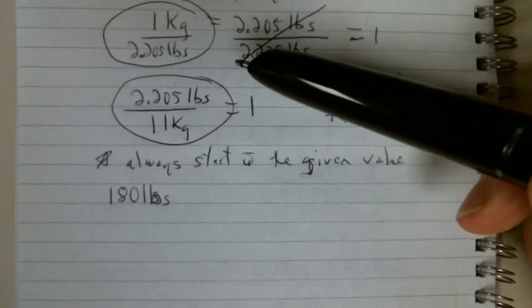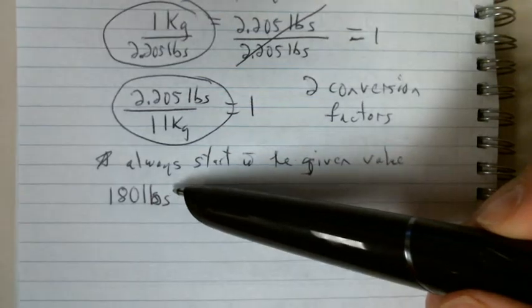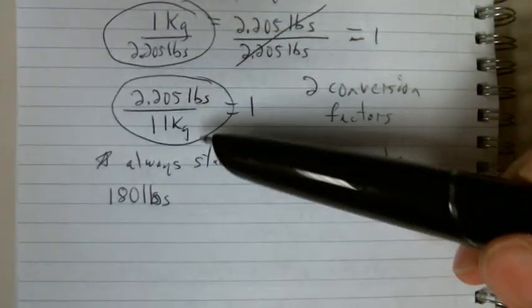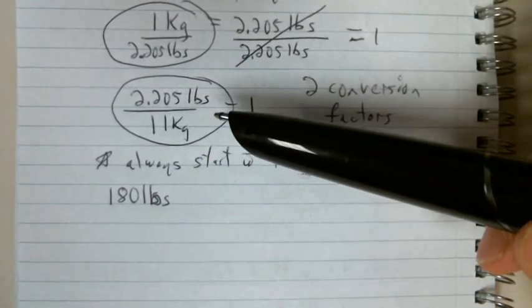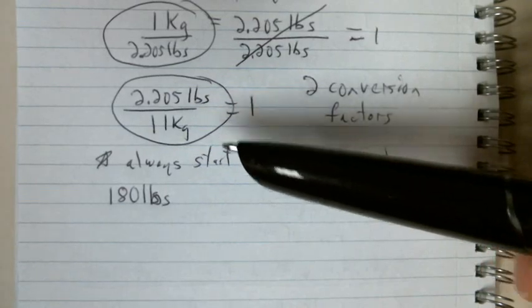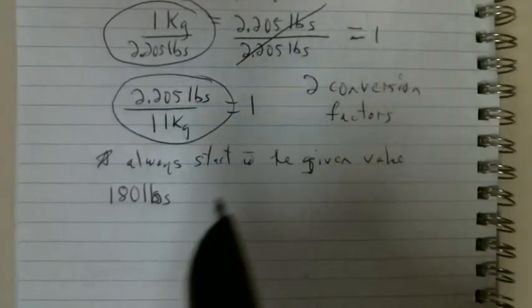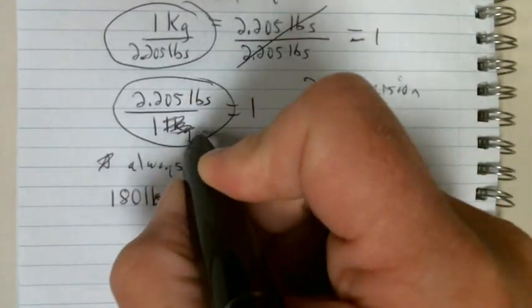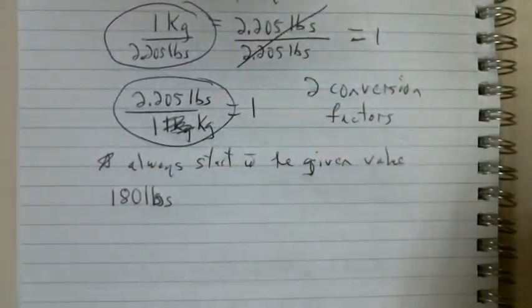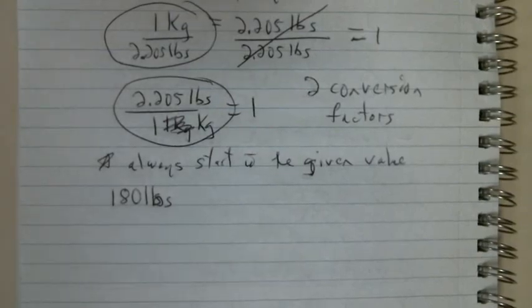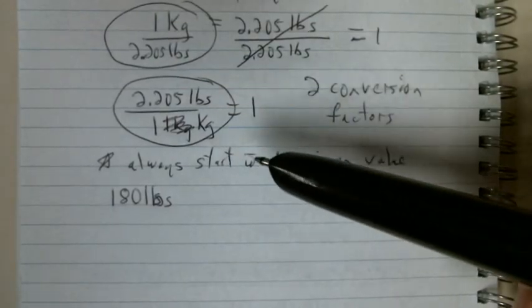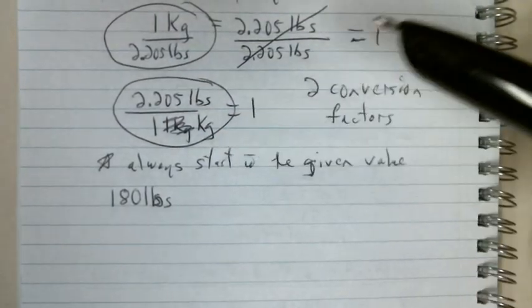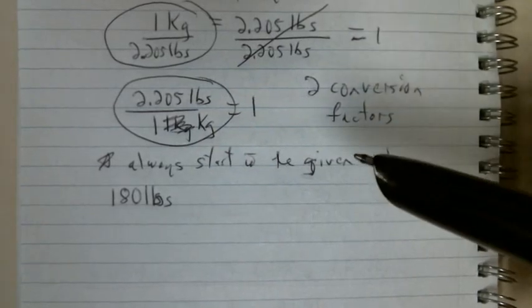So now I look at my conversion factors, right? We're going to treat the units just like they're numbers. We can treat them algebraically. So just treat the units like they're numbers and cancel them out just like you would in algebra.